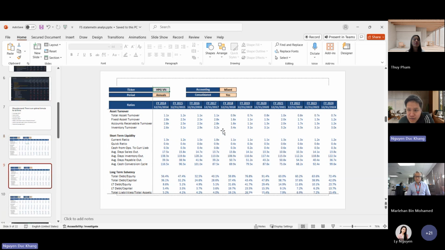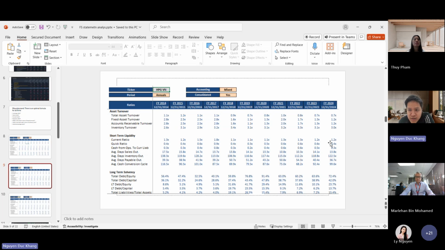When you compare to another one, HPG, the biggest steel producer in Vietnam, you can see their solvency ratios are much worse.